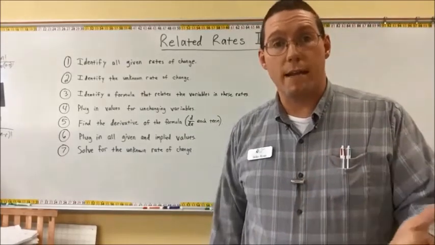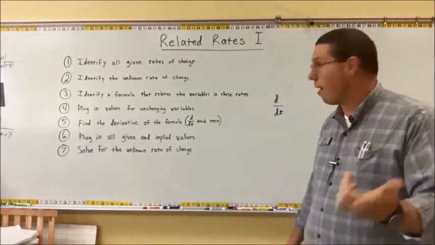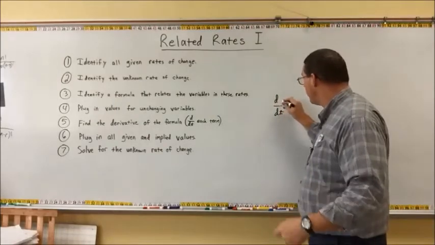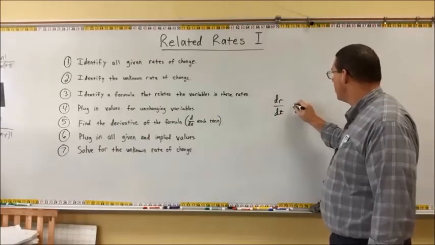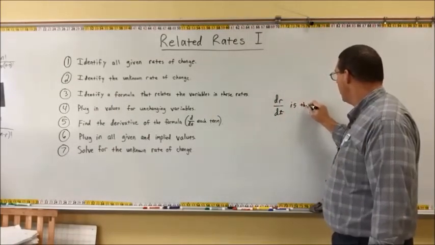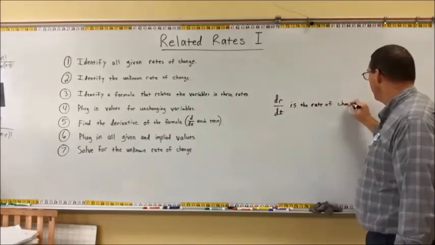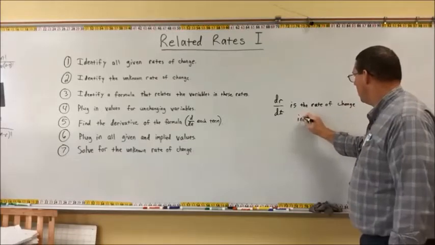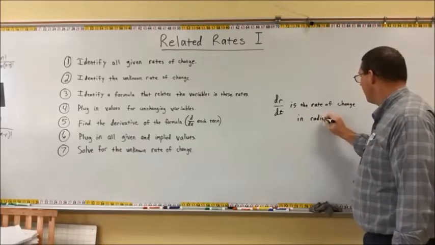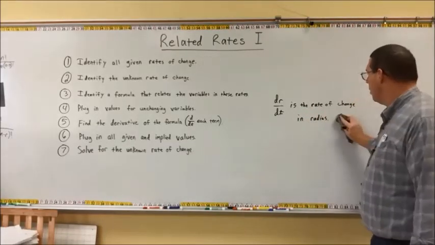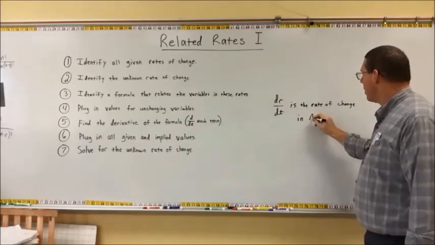Like, for example, radius. If it was the rate of change in radius, it would be dr dt. So dr dt is the rate of change in radius. Okay? Well, what would the rate of change in area be?